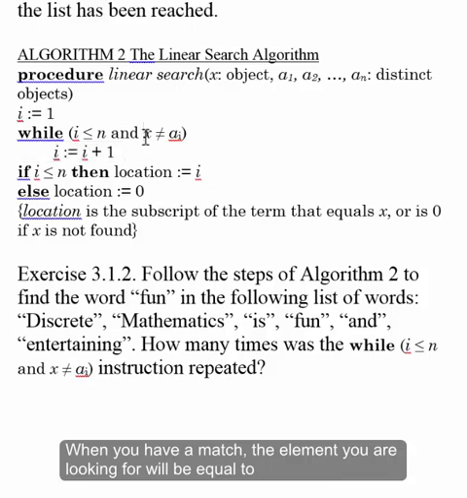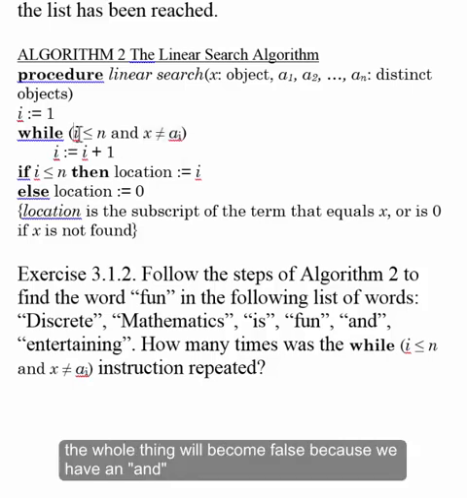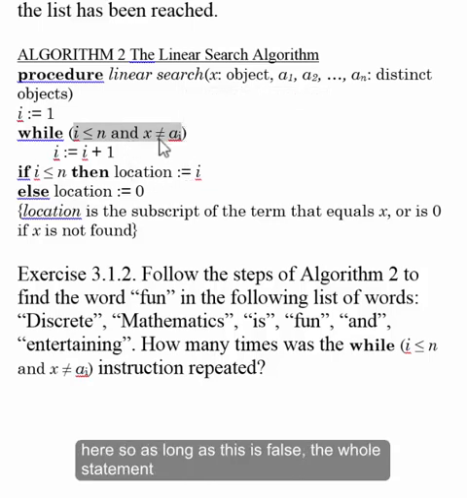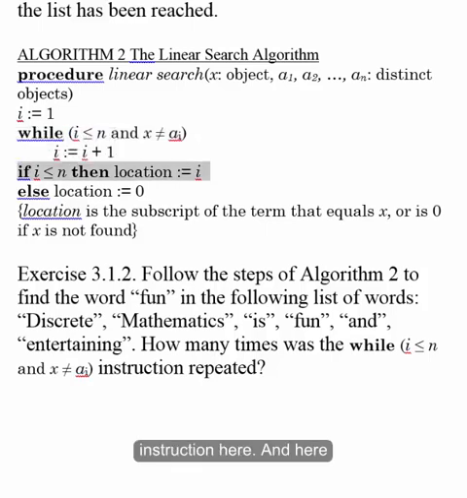When you have a match, the element you're looking for will be equal to that book, right? So this condition, the whole thing will become false because we have an AND here. So as long as this is false, the whole statement is false. So the while loop will exit, and then you move on to the next instruction here.